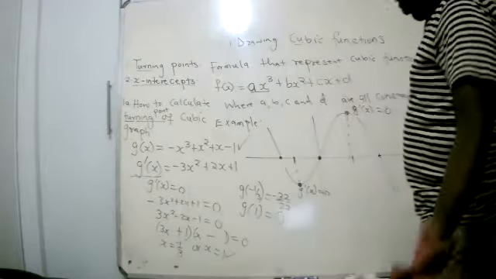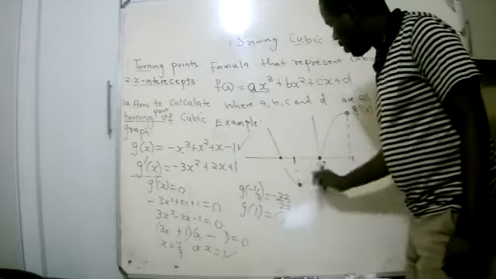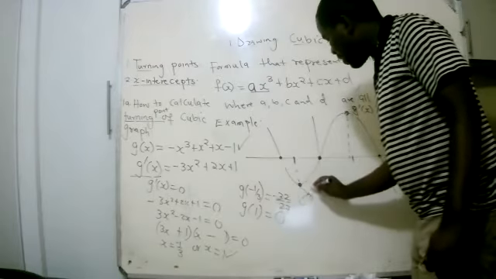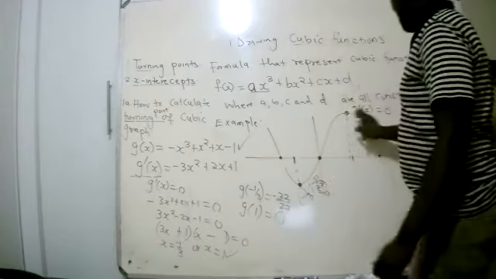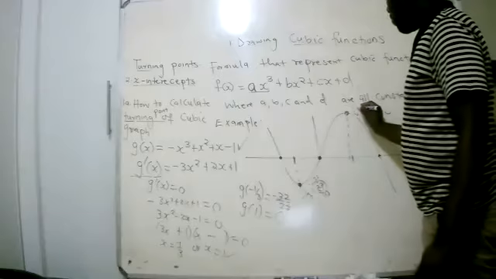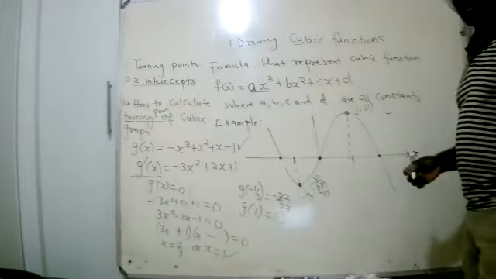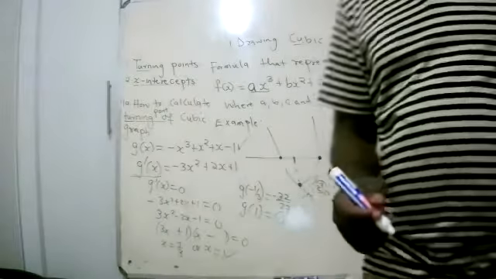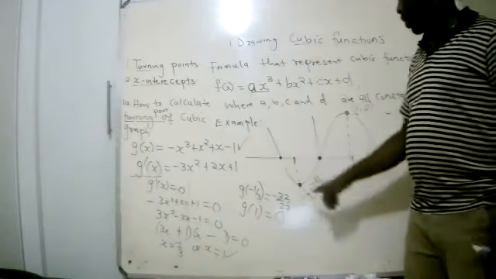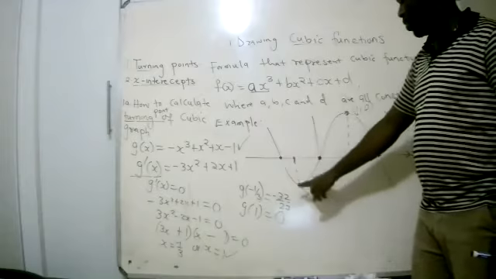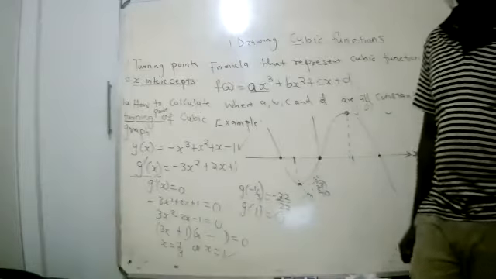So just by having that, you now have your turning points. You have your turning point down here, which is negative 1/3, negative 32/27, and then up here we have a turning point of 1, 0. And that's all. That's how you're supposed to find the turning points of these functions. For sure, these turning points are not for this function exactly, but I'm just illustrating that this value is for that turning point down there, and that one is for the turning point up there.